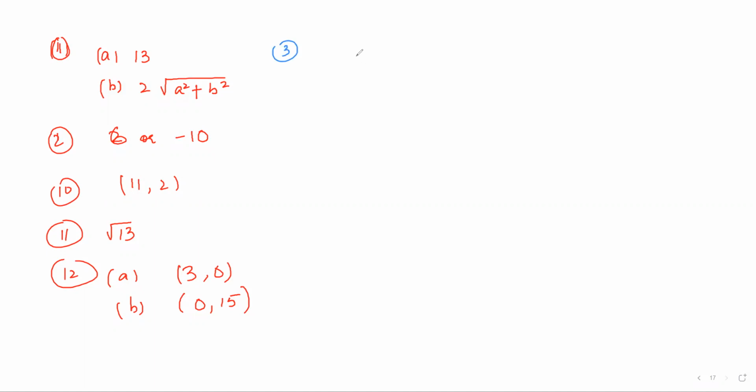If the points 3, 2 and 2, minus 3, if I just call them A, B, are equidistant from the point xy. So C is the point xy. You have to show that x plus 5y is equal to 0. So it is given that AC is equal to BC, correct?